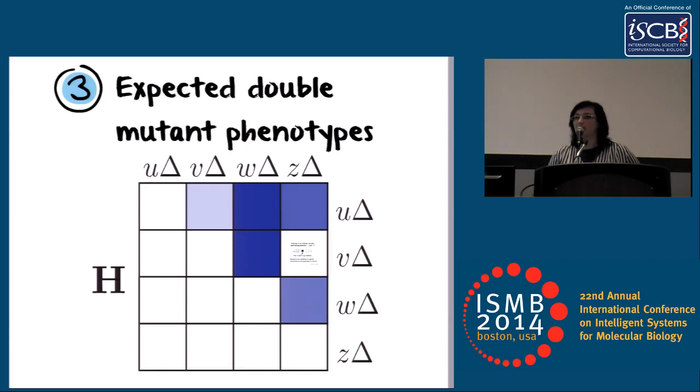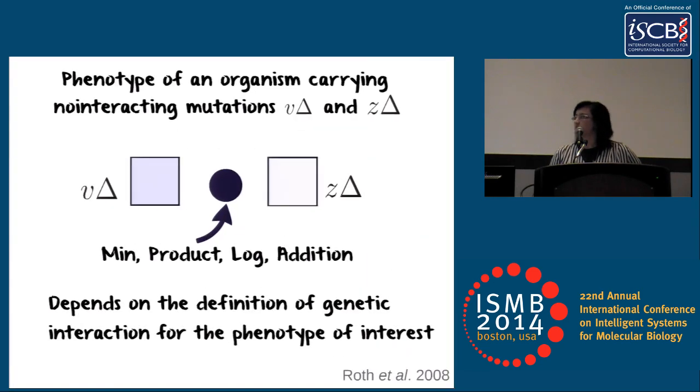Now the question is, how do we get this data, especially these expected double mutant phenotypes? There is a substantial amount of literature on how to estimate an expected double mutant phenotype. Usually there are 4 approaches to do that, using different functions such as minimum, the product, logarithm, or addition, and this depends on the phenotype that we measure.